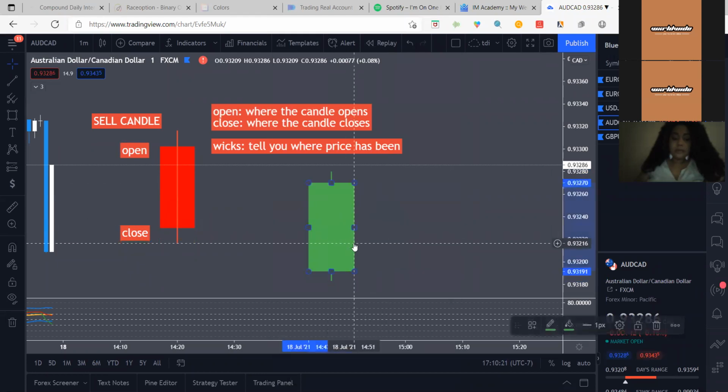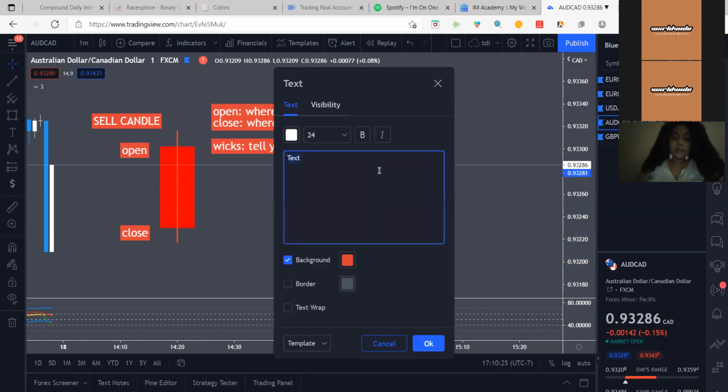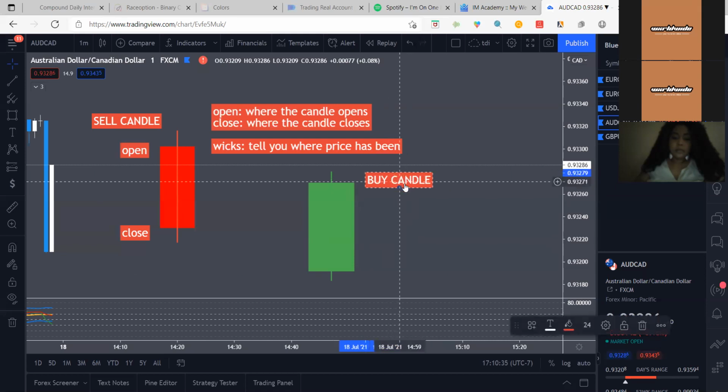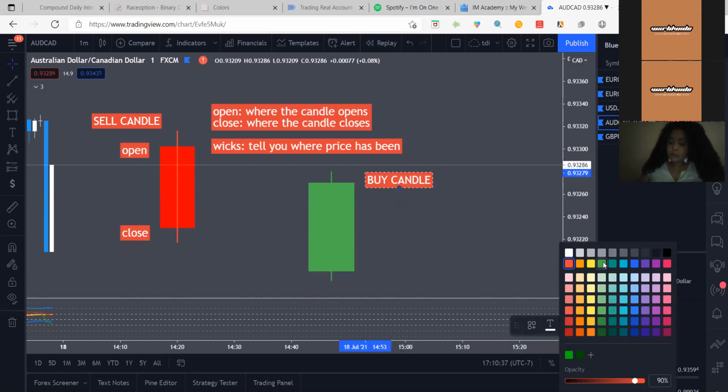Okay. So this is the buy candle. Now with the buy candle, I'm actually going to change this color too.